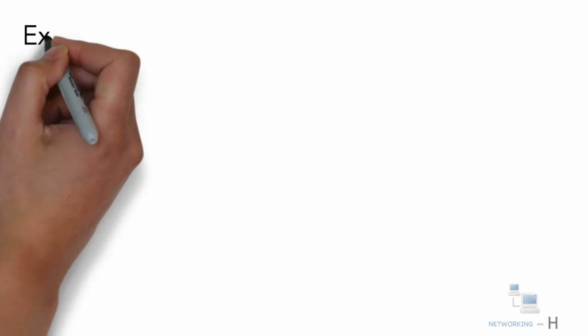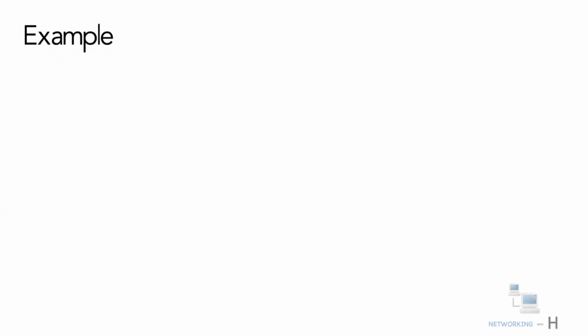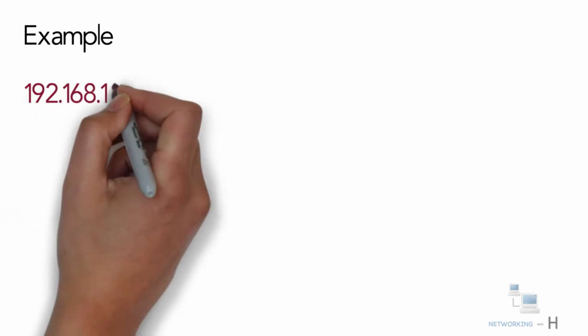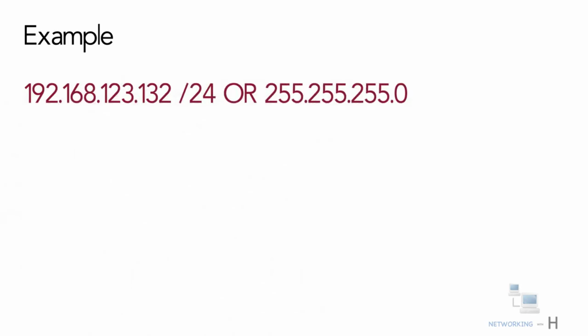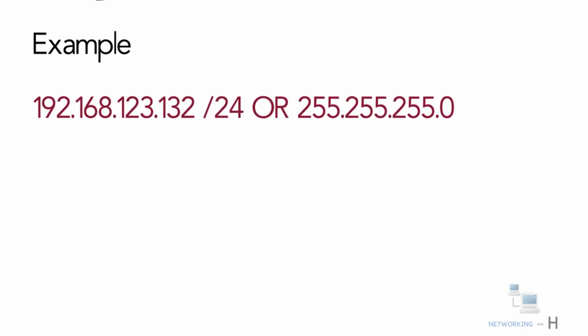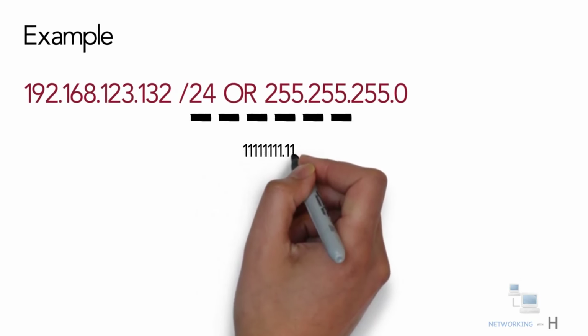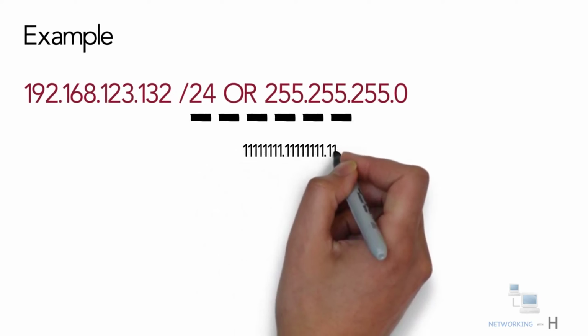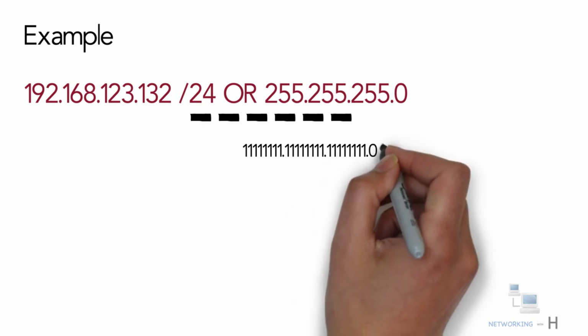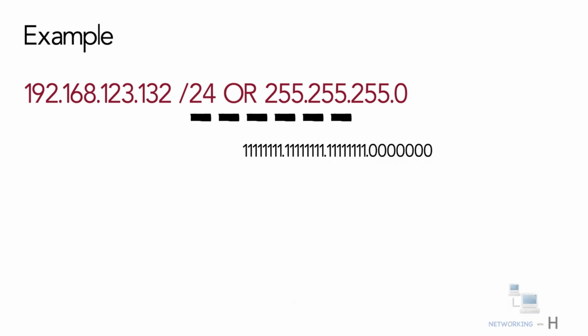Let's take an example to determine the network address and the host address of the below IP, 192.168.123.132. In this example, the subnet mask is /24, or you can call it 255.255.255.0. So the subnet mask, if you convert it to binary, will be 24 ones and 8 zeros.